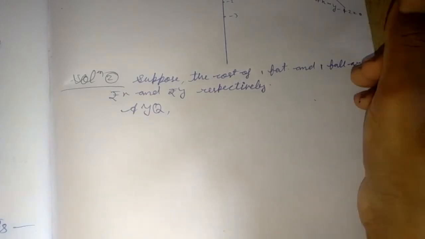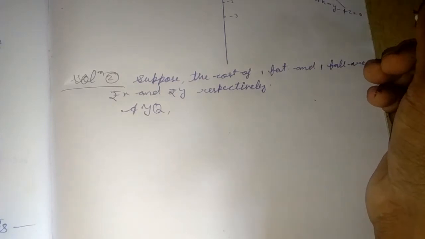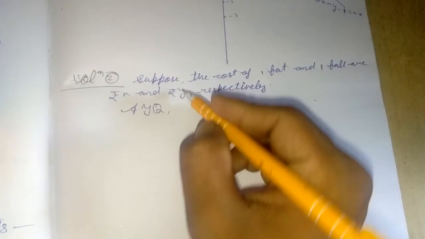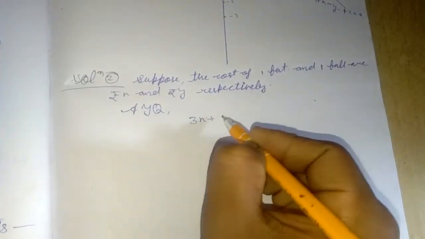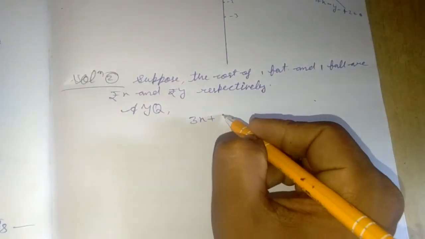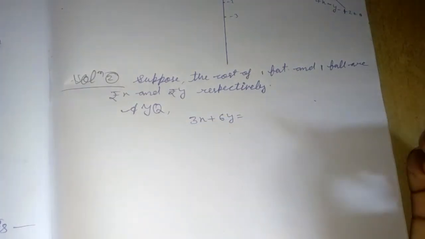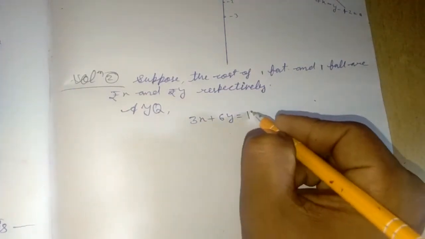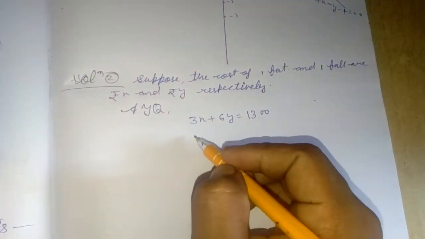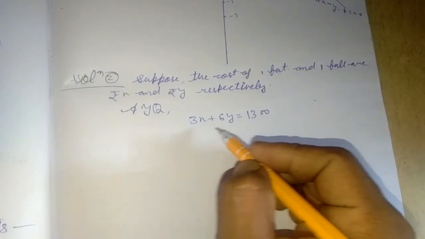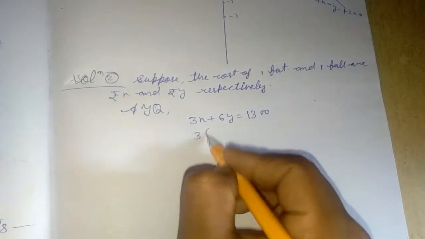Okay, so according to the question, we write the algebraic equation for the first situation. 3x plus 6y equal to 3900 rupees. Okay, so take out 3 common.